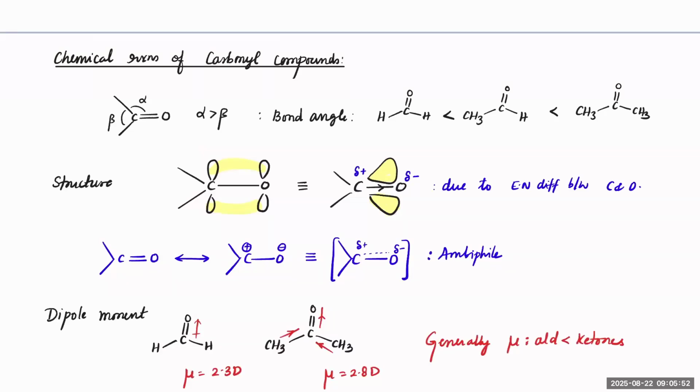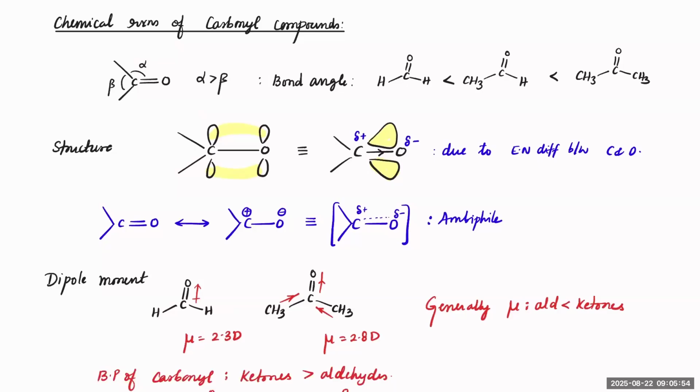Now, notice what are the chemical reactions. In case of chemical reactions, one thing you got to take care of is that in an aldehyde or a ketone, you would always have two angles, alpha angle and a beta angle.